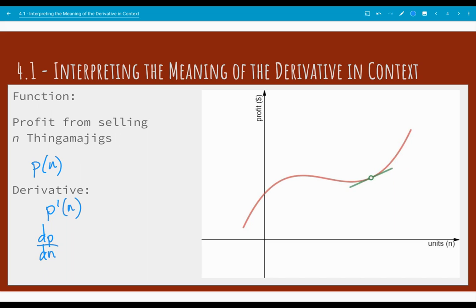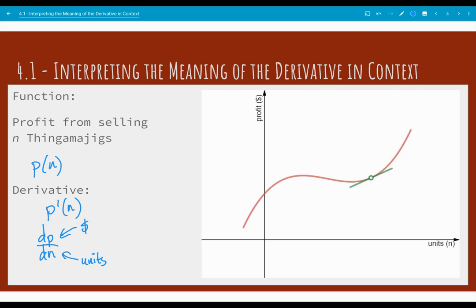And that meaning becomes a little bit more obvious when we look at the units that we would get. Keep in mind this dp is a change in the profit, so that's going to be measured in dollars. And dn is a change in the number of thingamajigs in this case, so that's going to be measured in units.